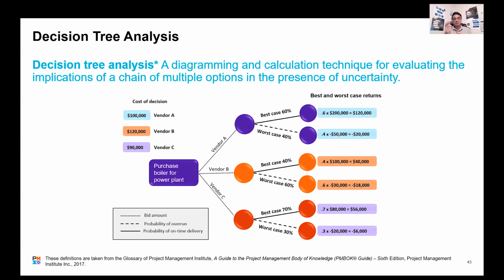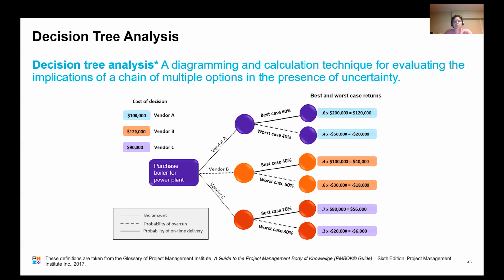And there's a 40% probability of around 50K. This is done through historical information, looking at other existing data that is available. So it has no relationship with the cost of decision that you have at the moment, right?